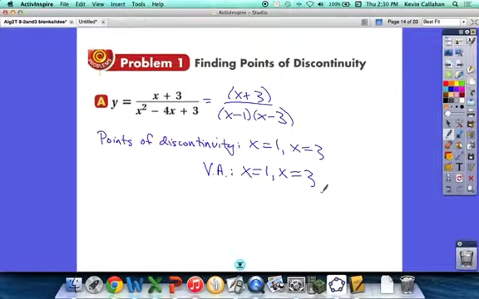What is the domain? X does not equal 1 or 3, right? Now, when you are asked for the vertical asymptotes, you've got to include the x equals.